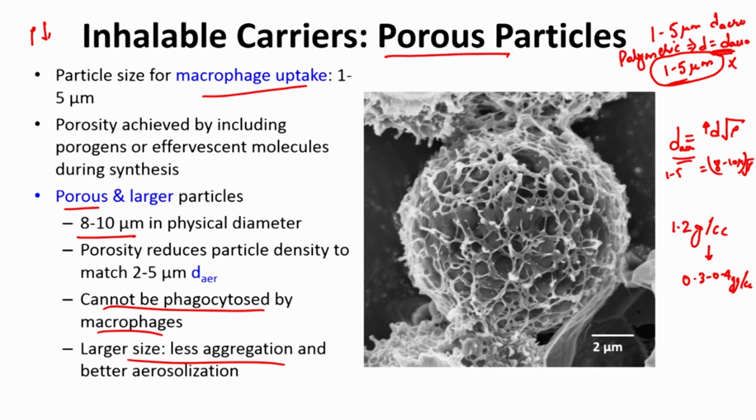This is required because, if you are in a dry format and 4 particles clump together and do not separate out when they flow in the air, that will lead to quite a problem, because now they are not in 1 to 5 micron, they are in the 4 to 20 micron range, and that is not what you want. So it is very important that when you aerosolize, these particles separate out, and the larger the particle, the easier it is for it to separate.